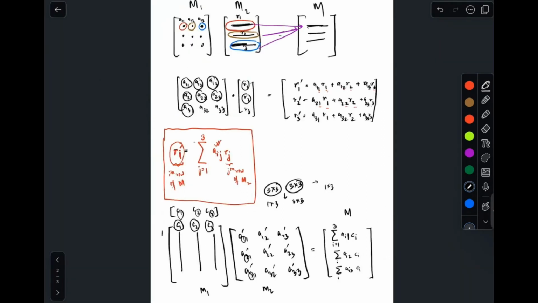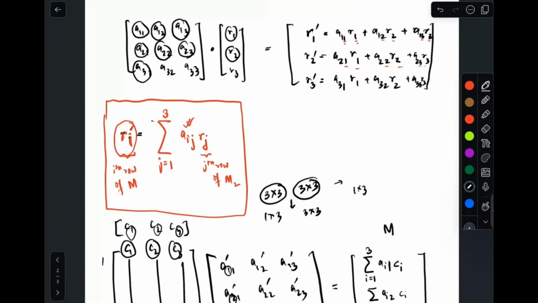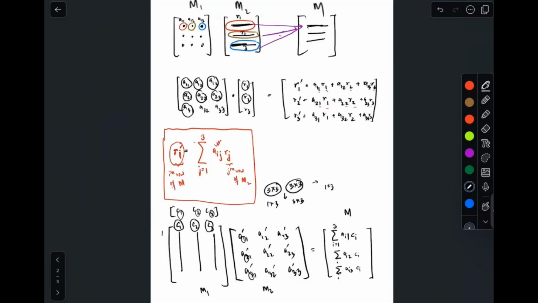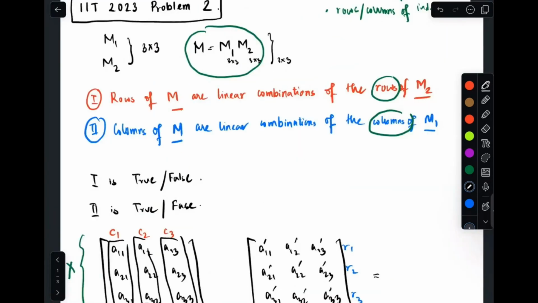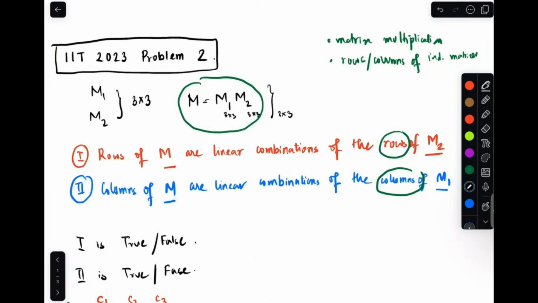So what is the crux of the problem? And similarly, you can extend it to n cross n matrices. It's true for n cross n matrices. So what's the crux of the problem? We are reducing down. The goal of the problem is to make you understand that matrix multiplication can also be viewed as a 1 cross 3 or 1 cross n vector times a matrix, with scalar multiplication, right?